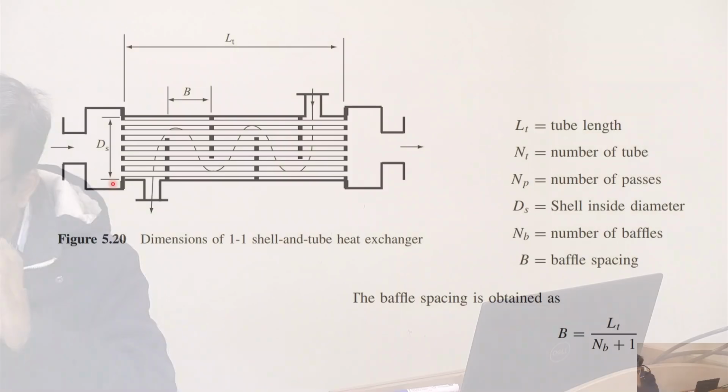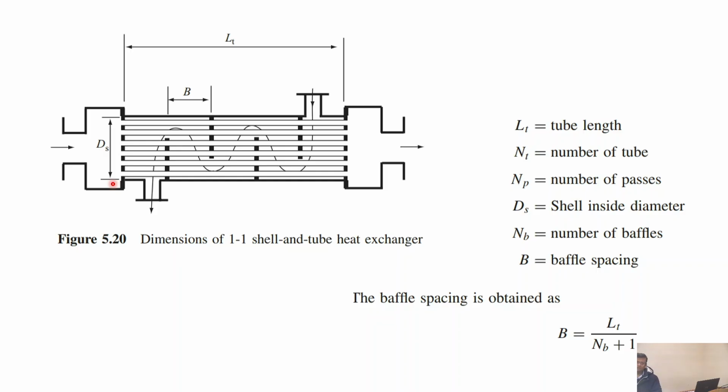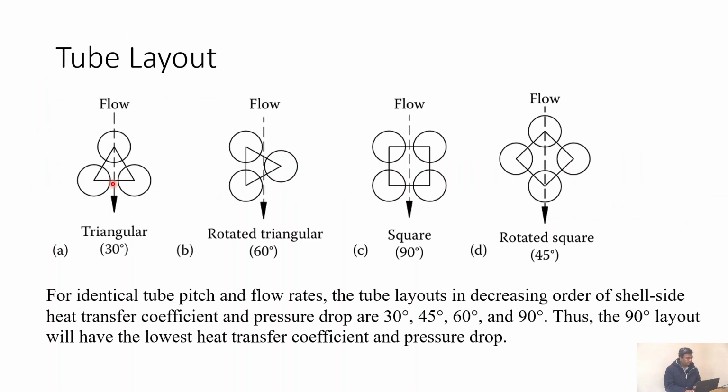So if you do DS by PT, you get the number of units in this direction. You will understand what I'm saying if you're able to visualize this, otherwise you will not be able to follow. So imagine the tube bundle situation in your mind. That's why I showed the video at the beginning of the class. The 3D thing you have to keep in mind. These things are obviously 3D, not how they look like on the screen. Okay, so I think that should be all right.